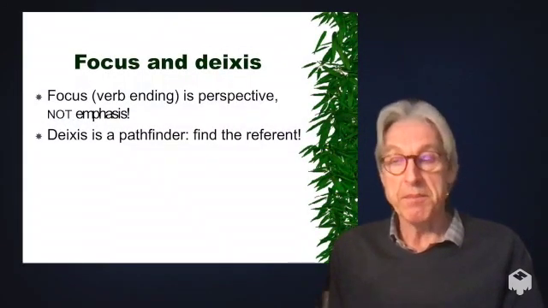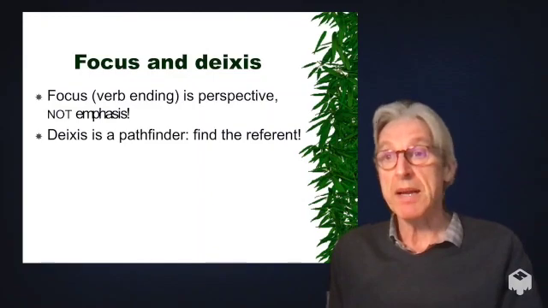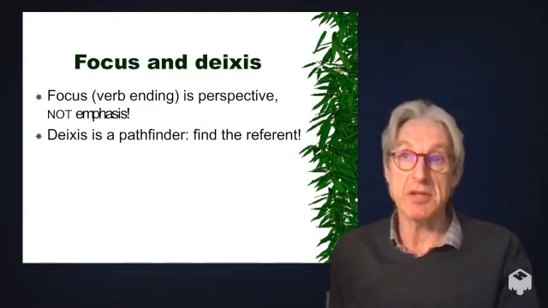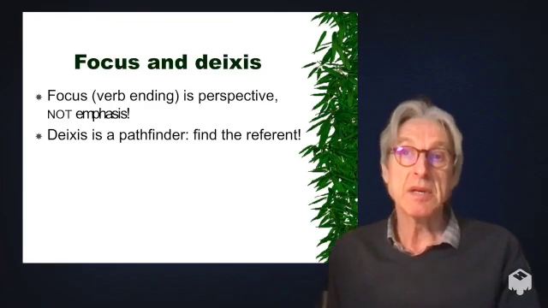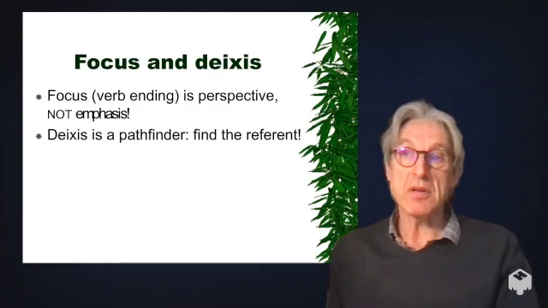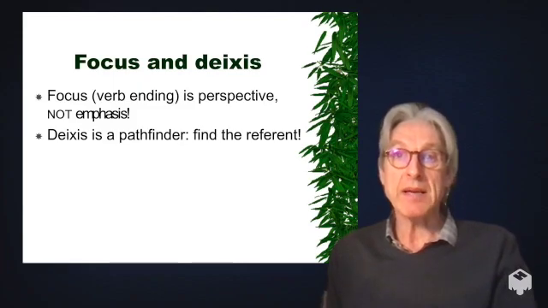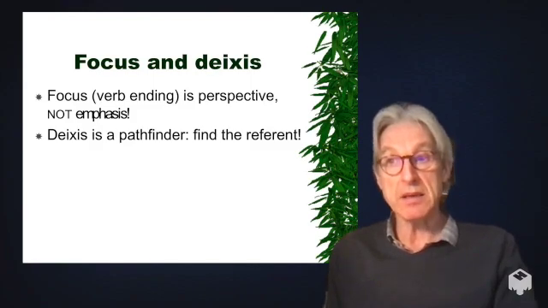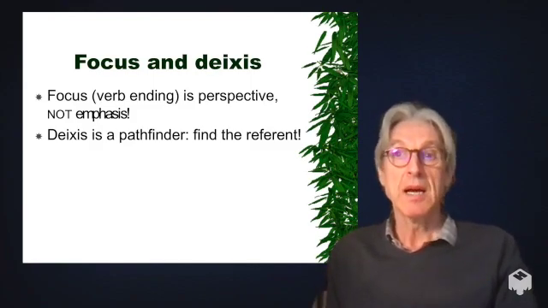First of all, before starting to illustrate the different hypotheses that I've just presented, I would like to stress the following. When we are talking about focus in Columbia School theory, focus is expressed by the verb ending. You have to be aware that focus is a perspective deliberately chosen by the speaker, or writer in our case.